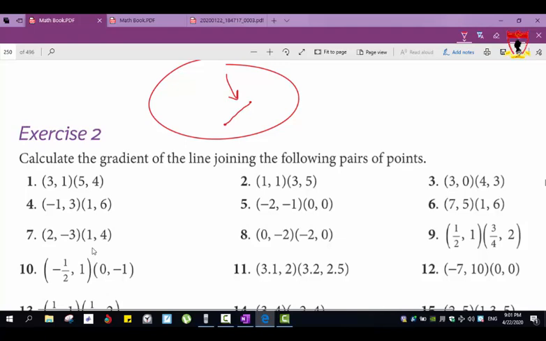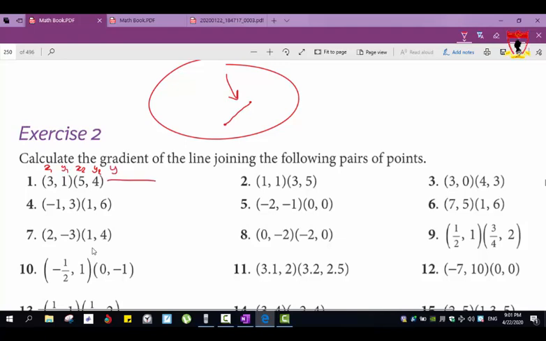Then it's up to you. You pick which one as x2 and y2. It's better always to pick the bigger coordinates as x2 and y2. And this is x1 and y1. What we need is y2 minus y1.